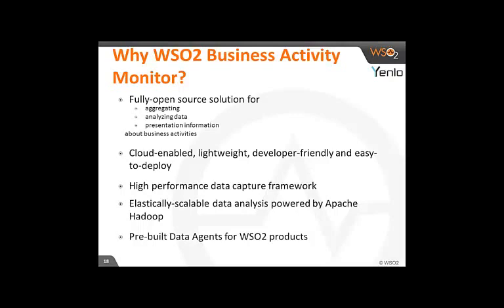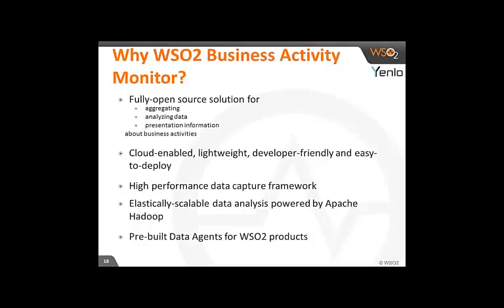So what do we mean by horizontal scaling? BAM has three main components as I explained: aggregation, analysis, and presentation. All these three components can be individually scaled.